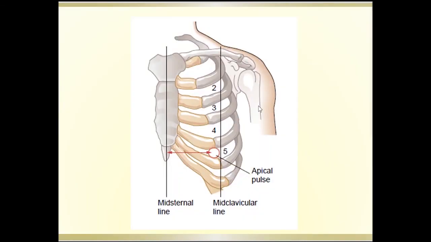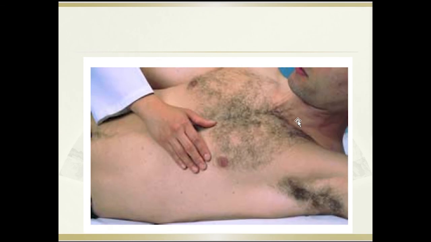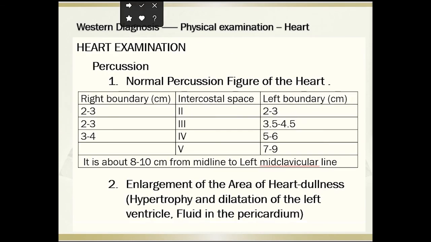And then that's just an example here. This chart we need to remember. For percussion, in heart examination, the border of the heart, left side and right side. That's the right side, that's the left side.